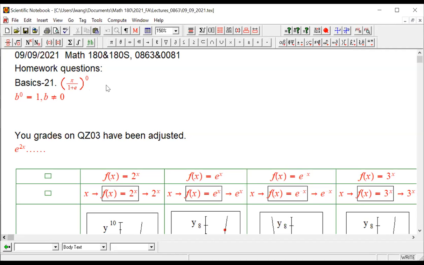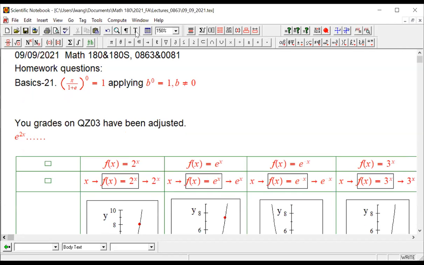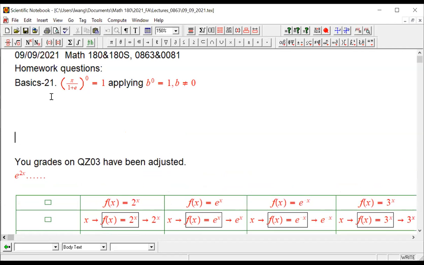We know the value of pi, we know the value of e, therefore the answer is 1. Next. You got it? Yeah. This is applying that. Next.